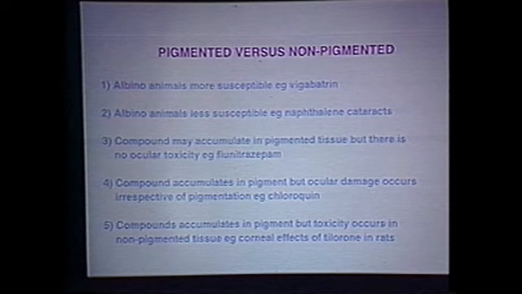So whether we use pigmented or non-pigmented animals is a difficult question to answer, and it hasn't been resolved yet. Under most circumstances, of course, we tend to use an albino rat and a pigmented dog, but this doesn't always give us the answers we require.